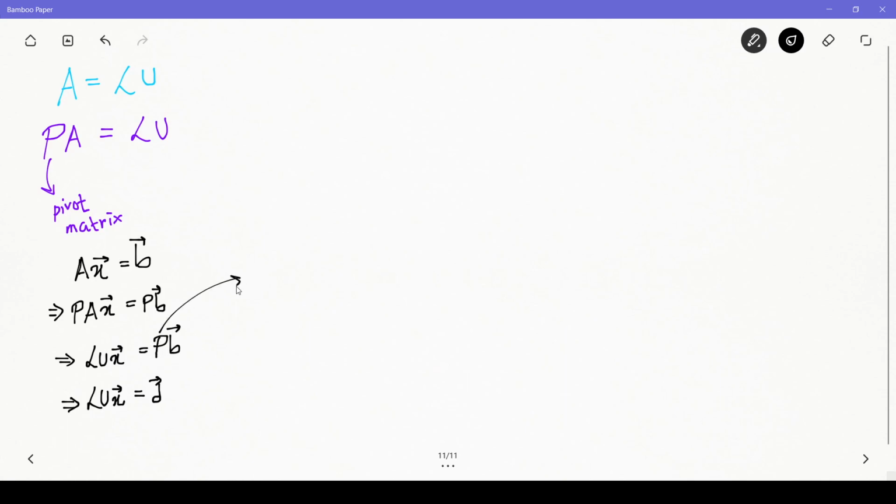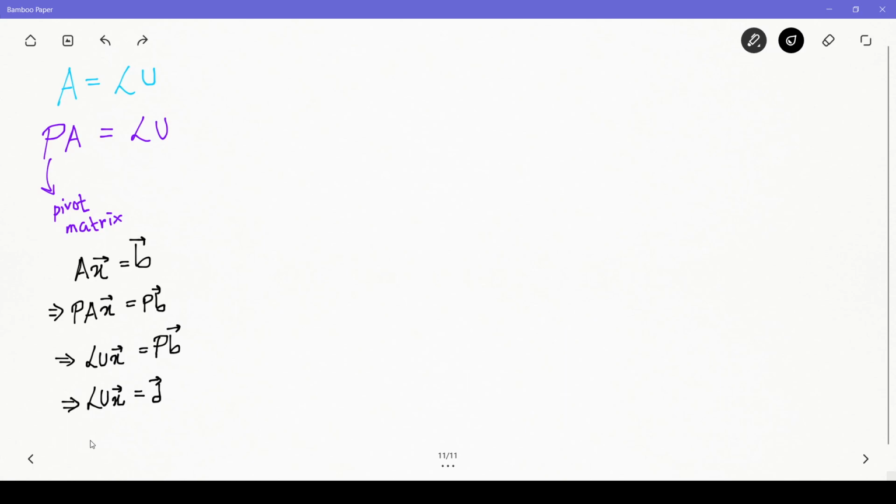If P is a 3 by 3 matrix, let's say, and b is a 3 by 1 column vector, their product will give another 3 by 1 column vector. So this d vector will be of the same dimension as the b vector.